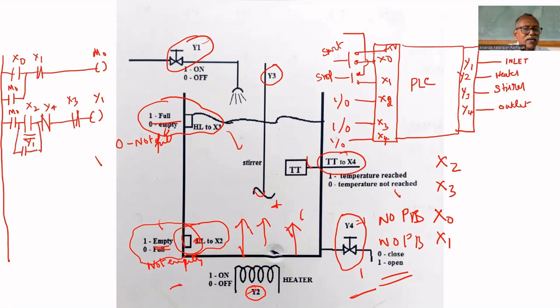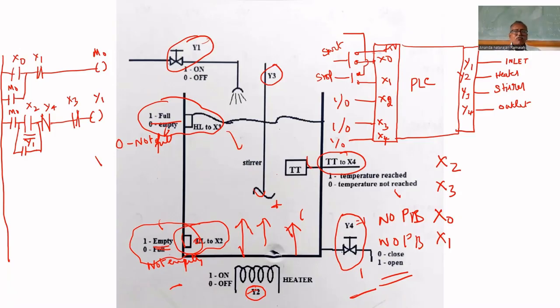Y1 is connected across X2 because after some time X2 becomes 0, and at that time the Y1 will conduct. I understand this point. So these are all we have to think and write. So now the program will fill till the tank becomes full.